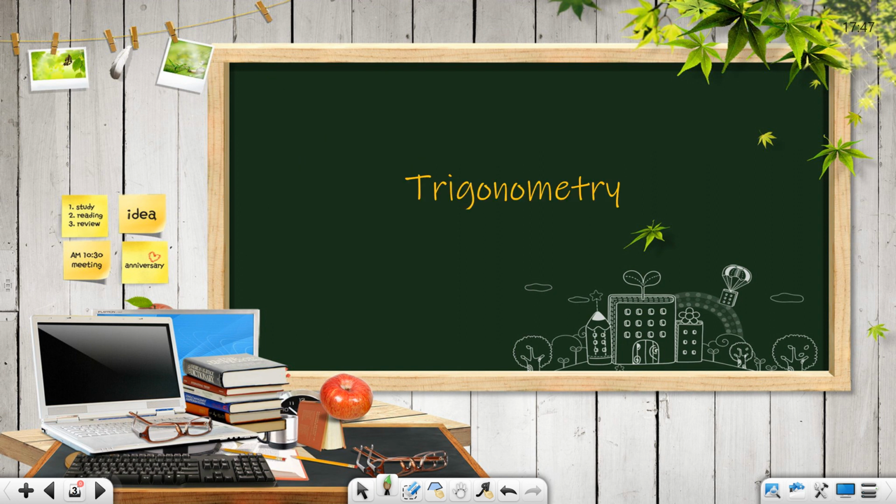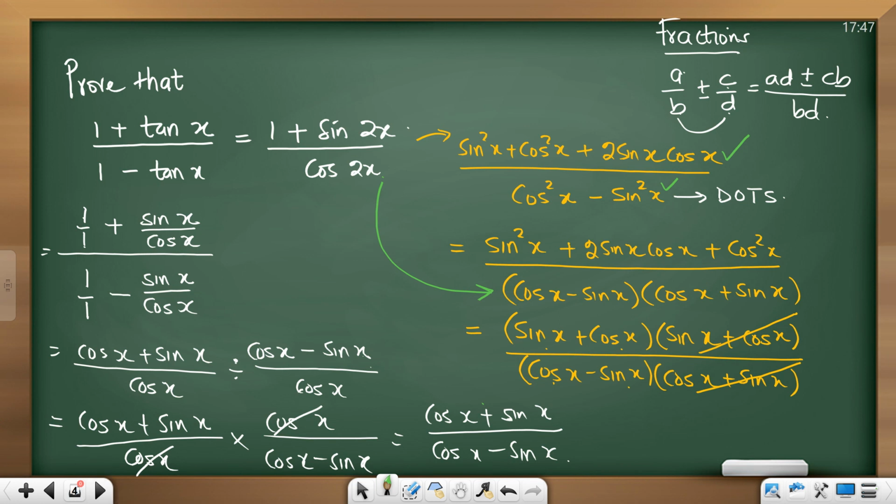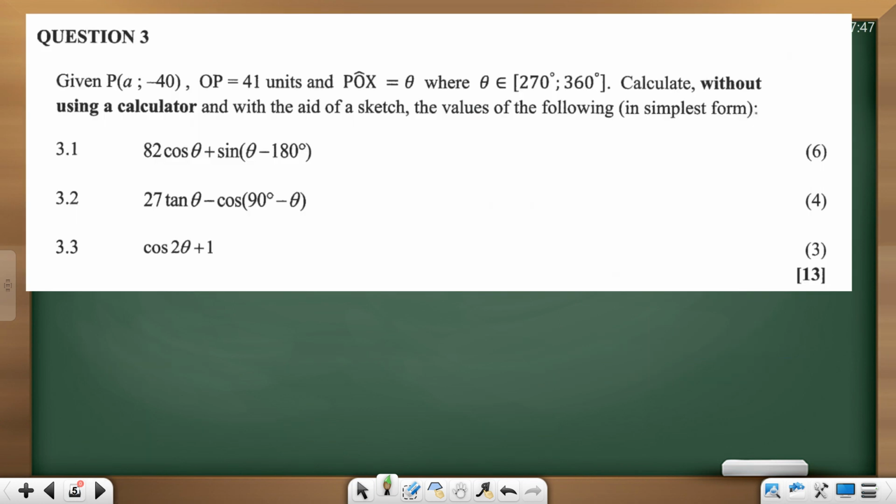Let's quickly take a question. We don't want to waste time here. It says, given P(A, -40), OP is 41 units. POX is theta. And our angle lies between 270 and 360.